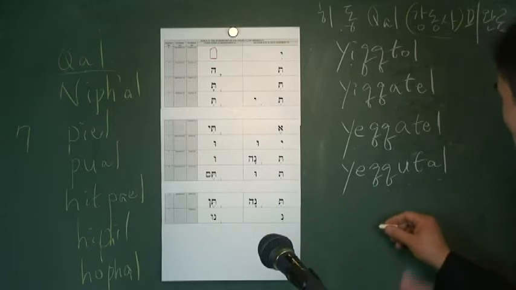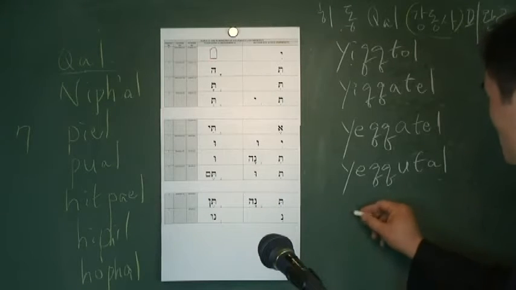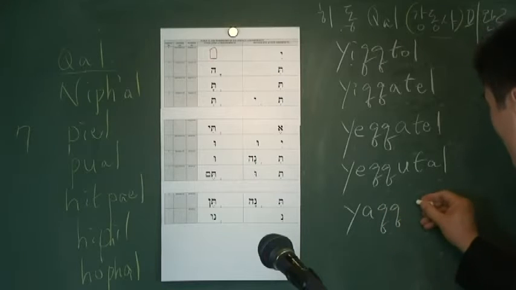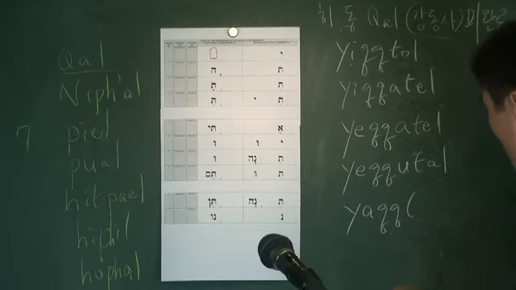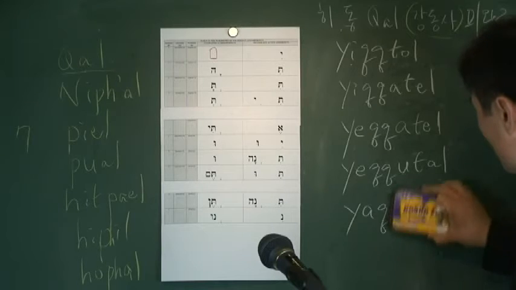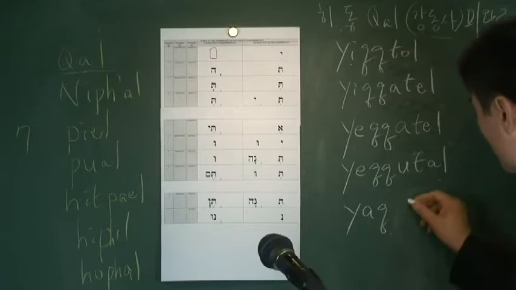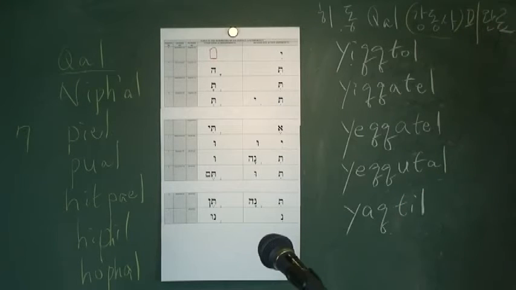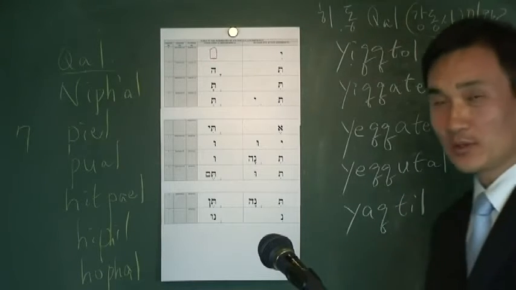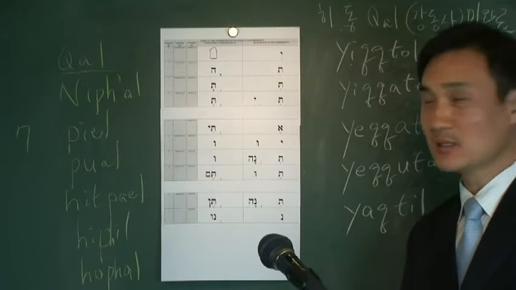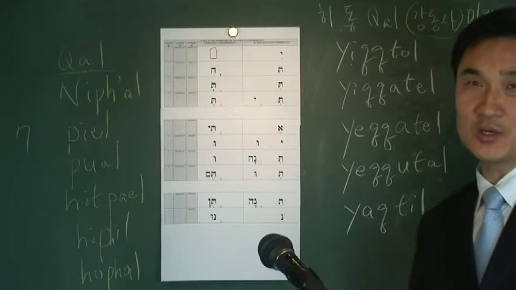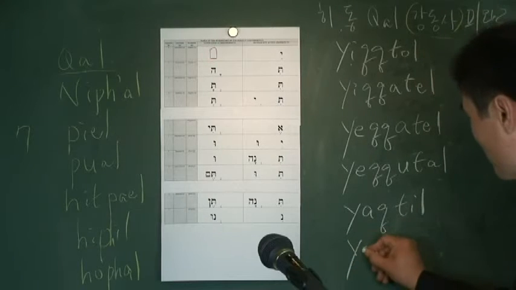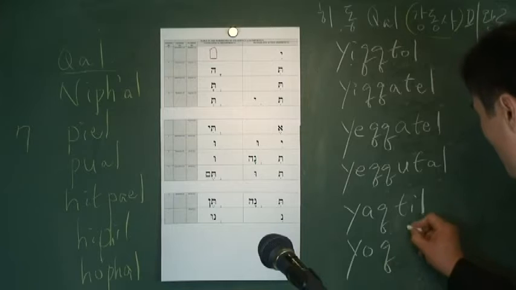The imperfect form of the hifil is yaktil. Lastly, the imperfect form of the hofal is yoktal.